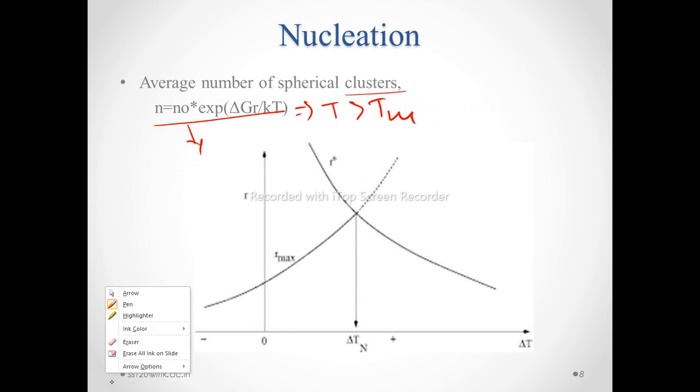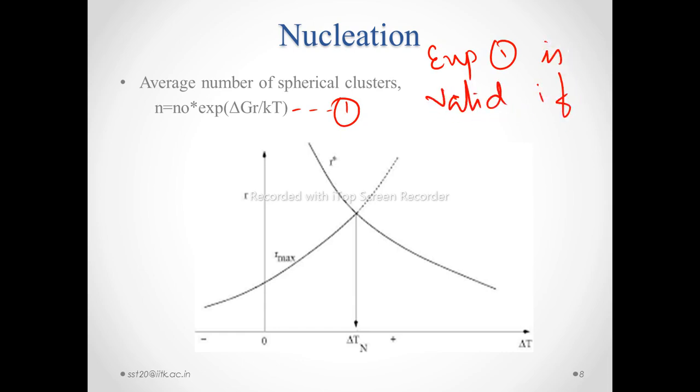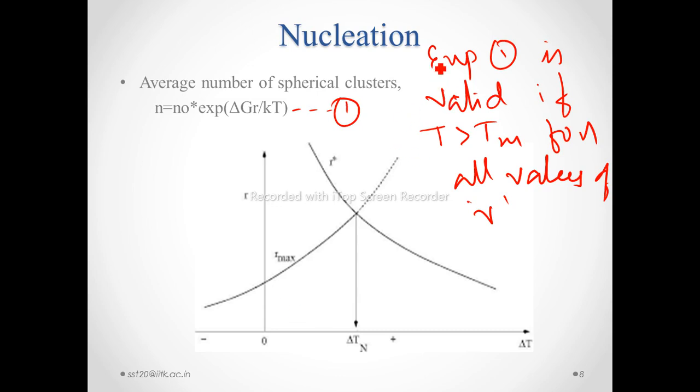Wait a minute, I will write clearly. Expression 1 is valid if T is greater than Tm for all values of R. Okay, this is the first thing, because the clusters are present in the liquid; above Tm the whole system is in a liquid state.